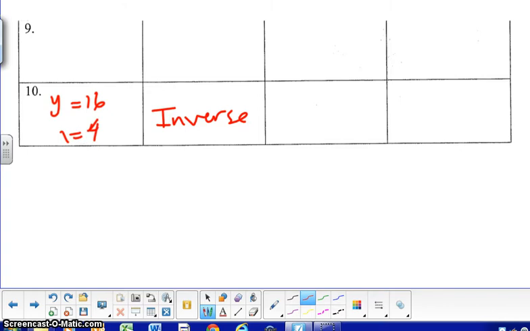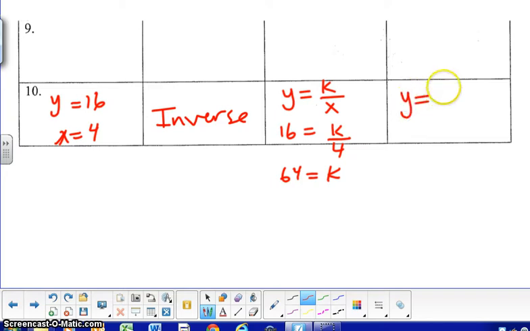And if you see that it's inverse, then you're going to use y equals k over x this time. Okay, and then k over x, we'd plug in the 16, you'd plug in the 4, and then multiply both sides by 4 to get 64 equals k. And because it's inverse, now we're going to use the equation of variation. So y equals the constant, which is 64 over x.